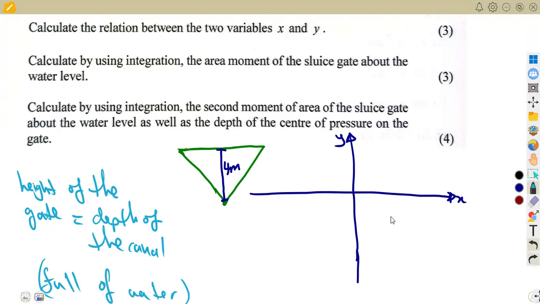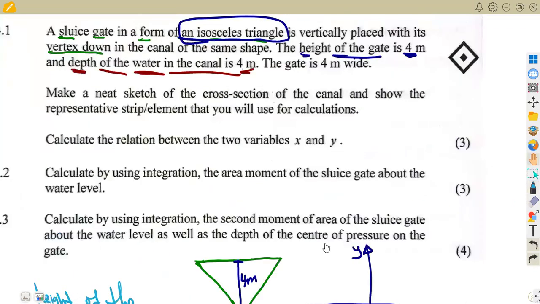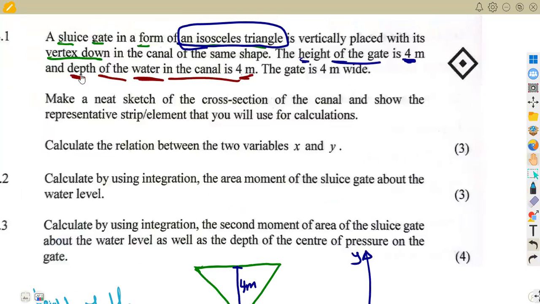The reason why I'm explaining this is that they can give us a triangle like this. Our triangle has a height of 4 meters, but they can say the depth of the water in the canal is 7 meters, instead of writing 4.